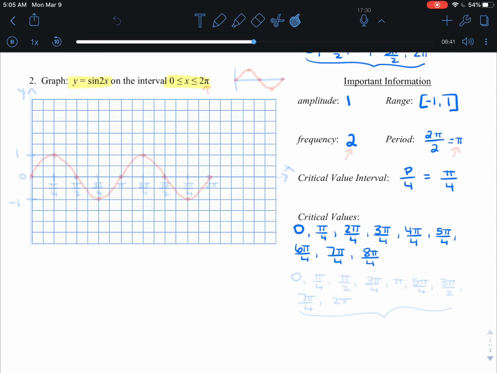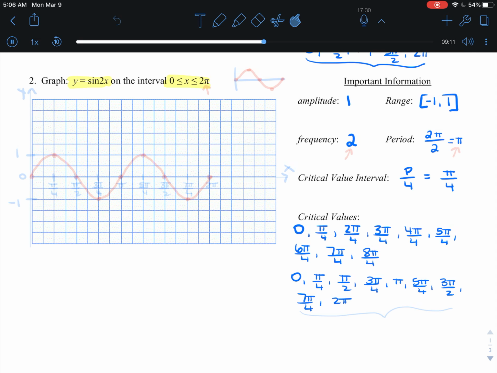If I now go to reduce these numbers, I would have 0, pi over 4, pi over 2, 3 pi over 4, pi, 5 pi over 4, 6 pi over 4 can reduce to 3 pi over 2, 7 pi over 4, and 2 pi.